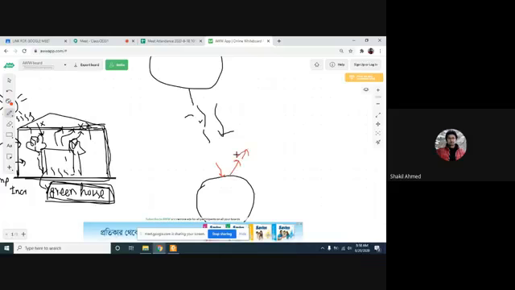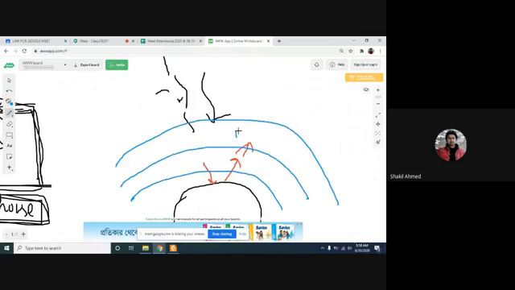Reflected back. Now, what you have here is a layer of gas, which has a multitude of components. Especially, we have water vapor, we have carbon dioxide, we have methane, and sometimes nitrous oxide.